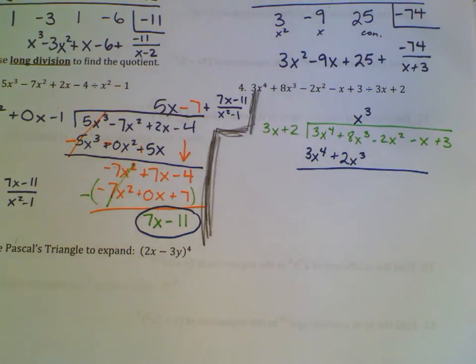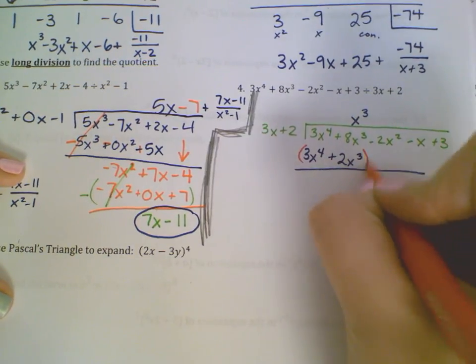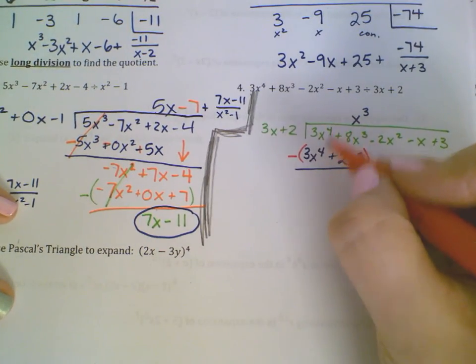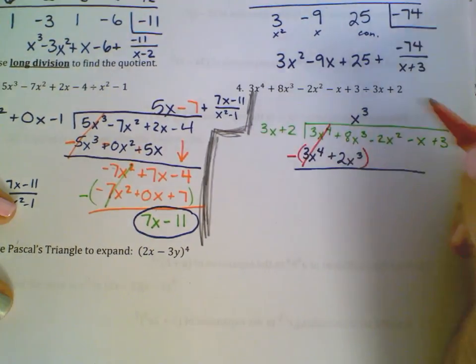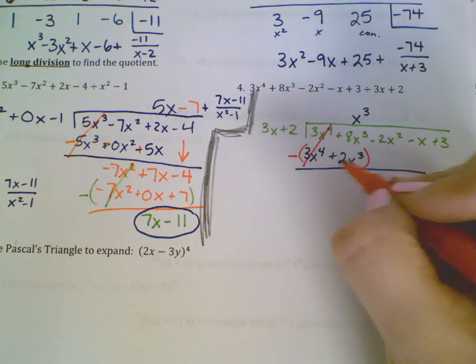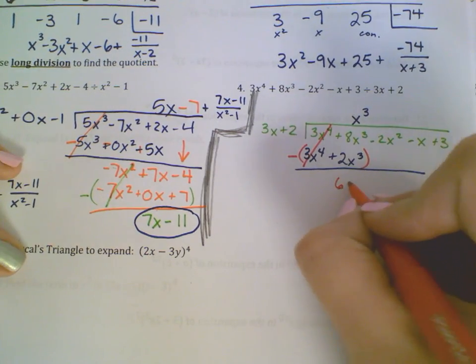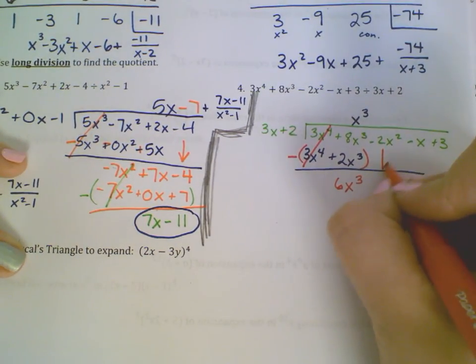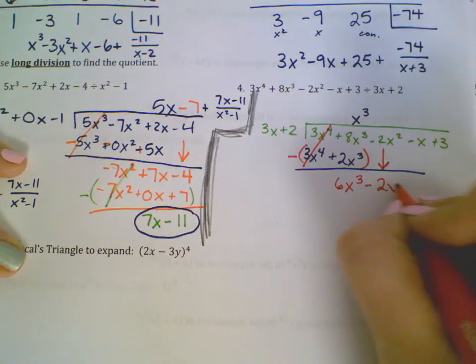I'm going to subtract these two. 3x to the fourth minus 3x to the fourth, those cancel each other out. And 8x cubed minus 2x cubed gives me 6x cubed. I'll bring down my next piece, which is negative 2x squared.